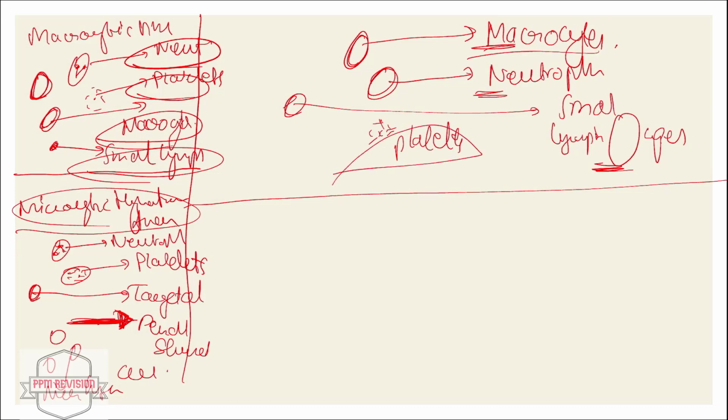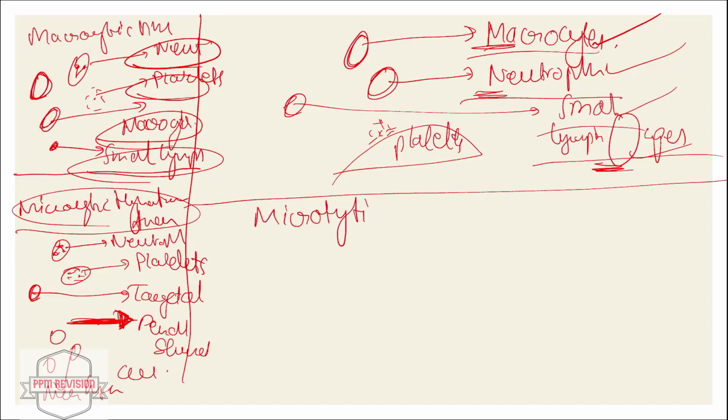So in case of macrocytic anemia, the important contents are macrocytes, neutrophils, and platelets, as well as small lymphocytes. Okay, it has been almost 1.5 hours, so it's good that you have been staying along.